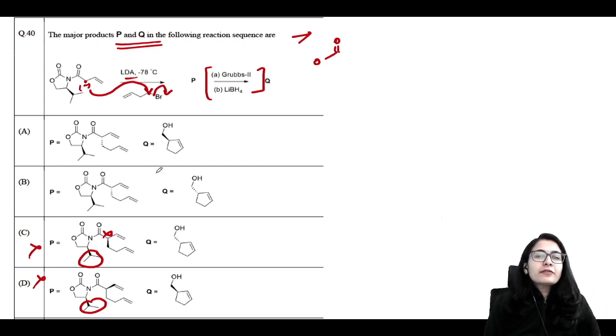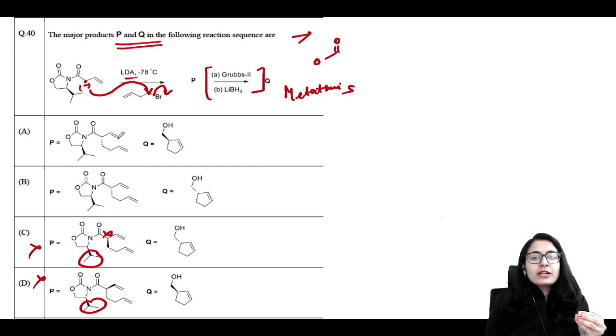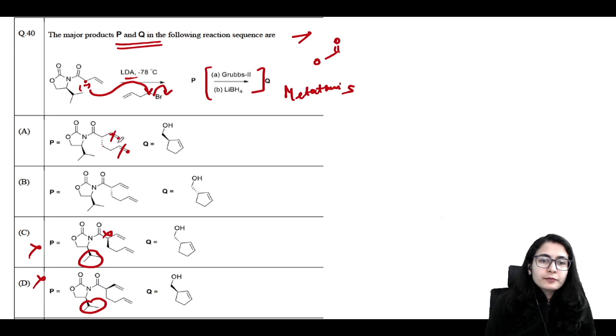In the second part of the question, you are doing alkene metathesis, which is a ring closing metathesis. So just remove these two carbons and cut from here. Just remove these two carbons and add these two. This is how alkene metathesis works.